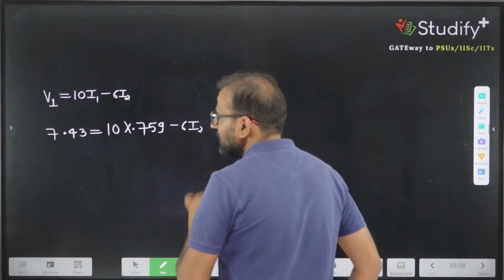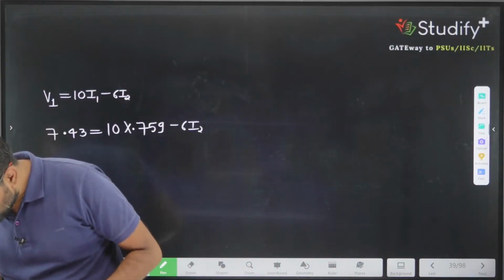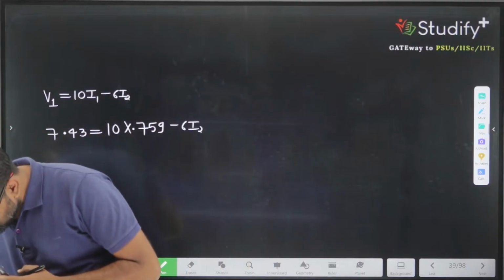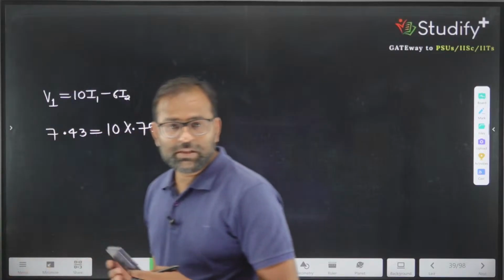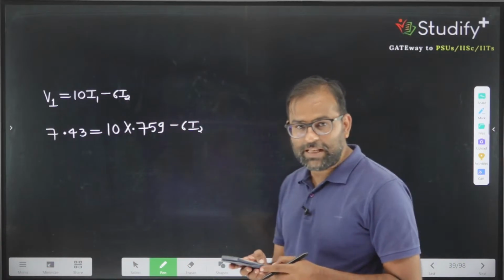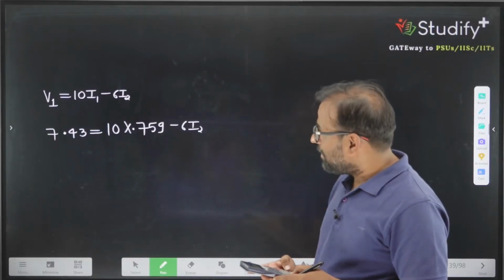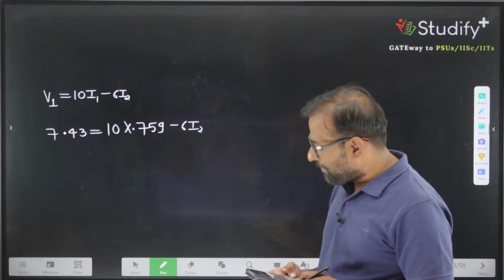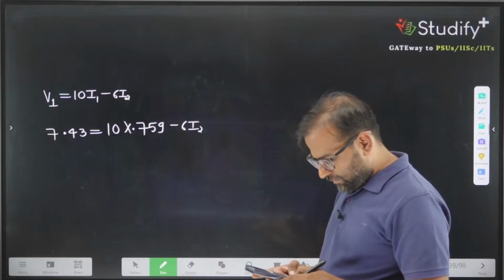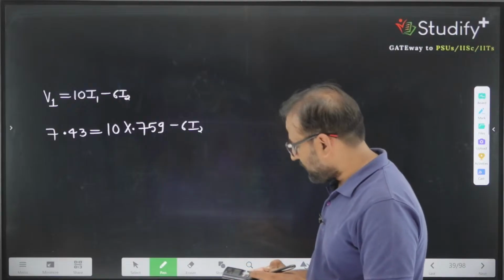So I2 will be 10 into 0.759 minus 7.43, divided by 6.